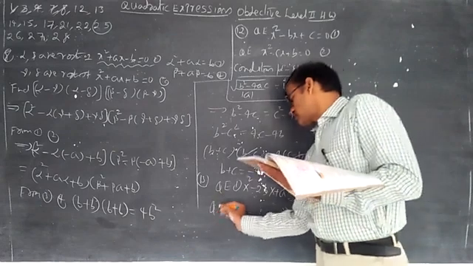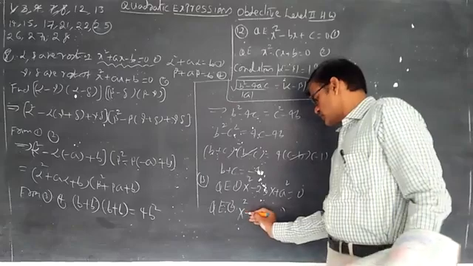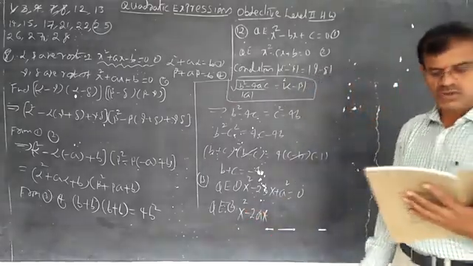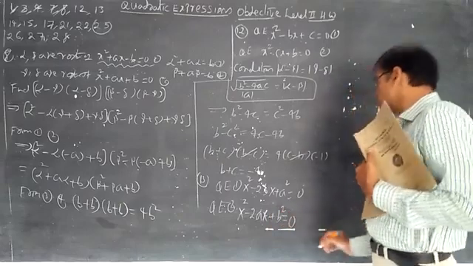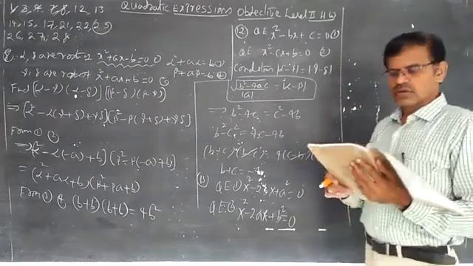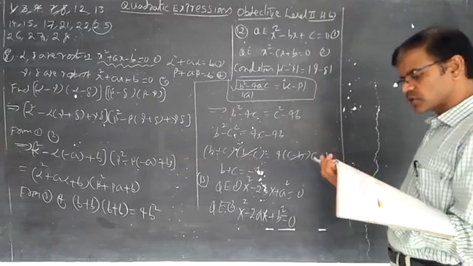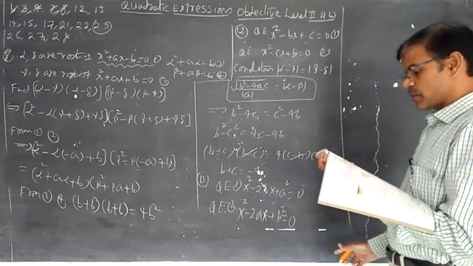Another equation, I am writing QE2. What is that equation 2? x square minus 2ax plus b square is equal to 0. Now you can understand which one of the following means of roots of the equation is AM of this one.